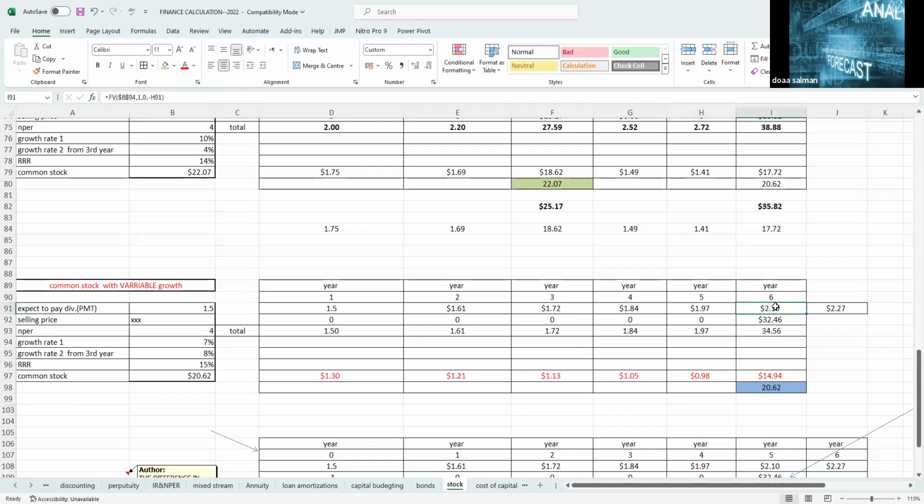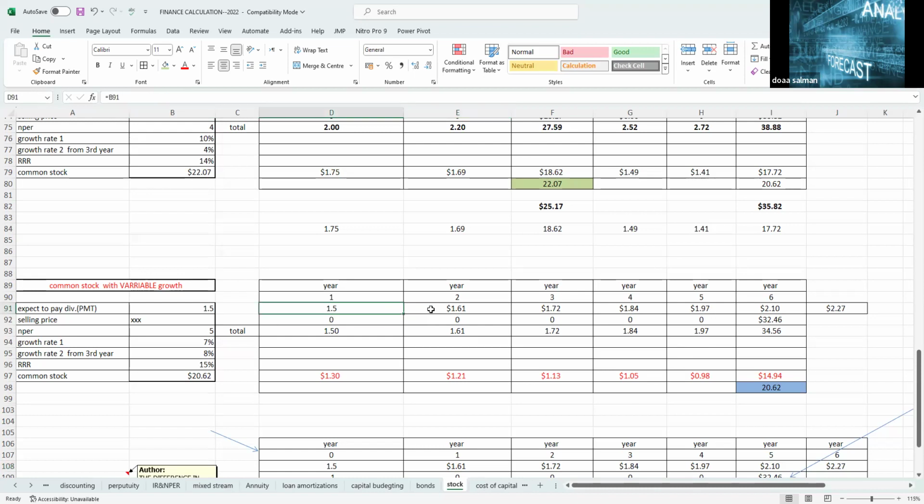So it is expected that after the 4th year it is going to change to the new rate. So here it is 1.5, 1, 2, 3, 4. Sorry, it is for 5 years, and it's going to grow for 5 years.